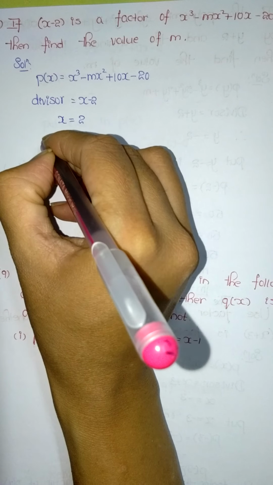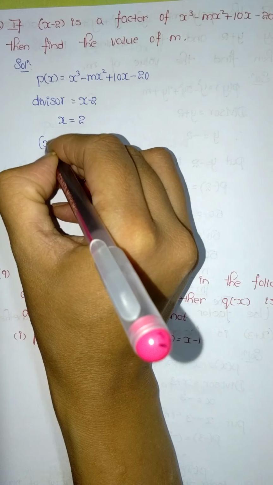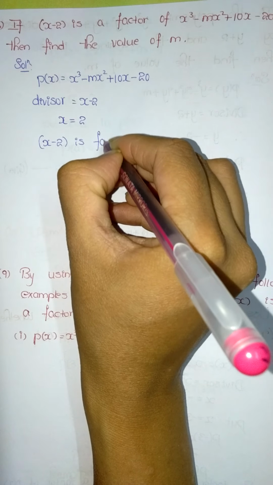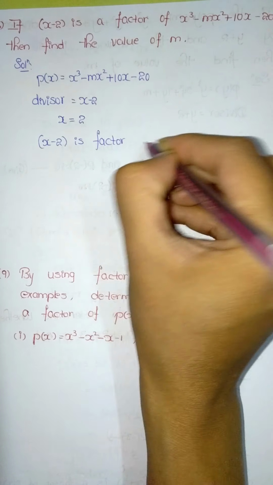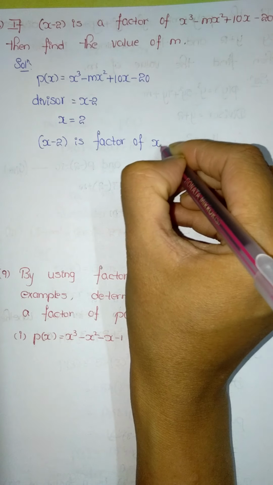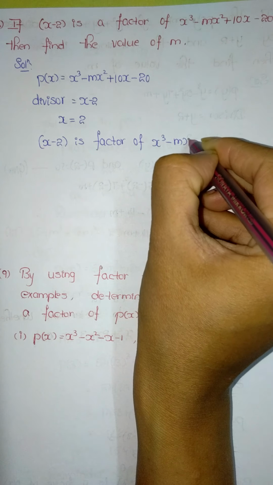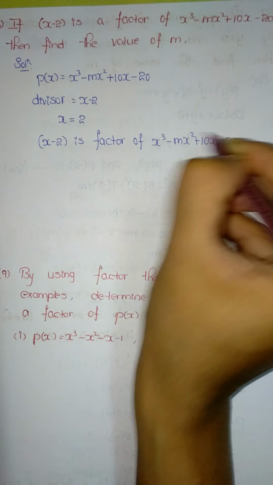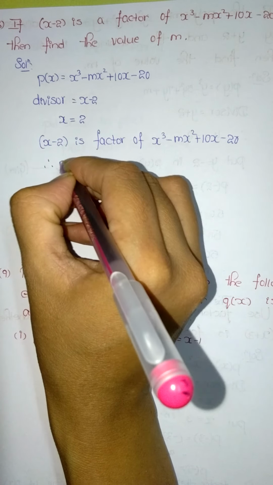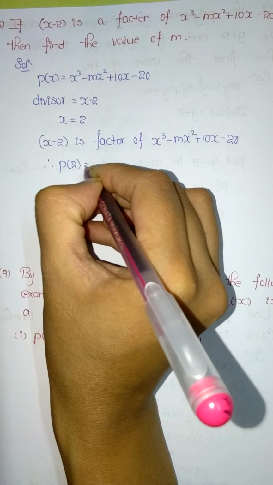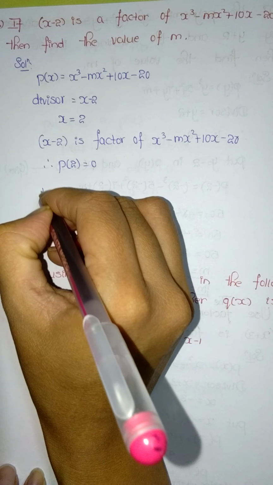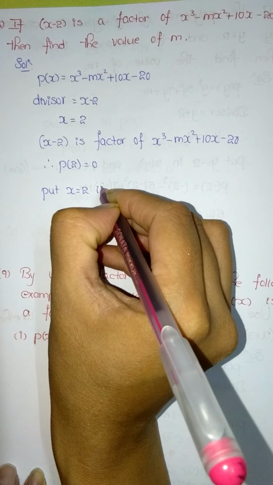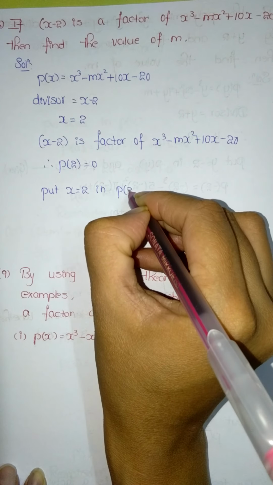So x minus 2 is a factor of x cube minus mx square plus 10x minus 20. Therefore we can say p of 2 equal to 0. So now put x equal to 2 in p of x.